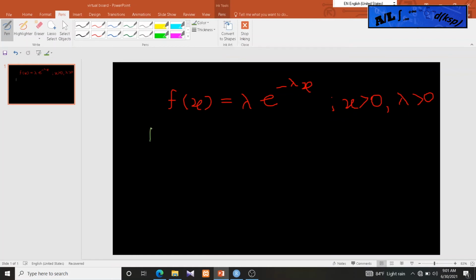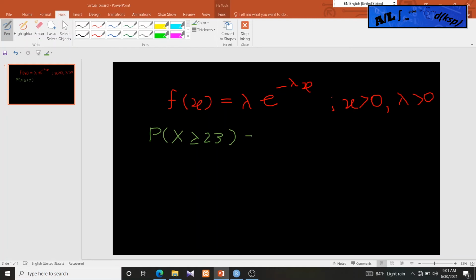If the probability of this random variable is larger than or equal to 24. Sorry, the median was 23, right? So once it was 23, what about that?